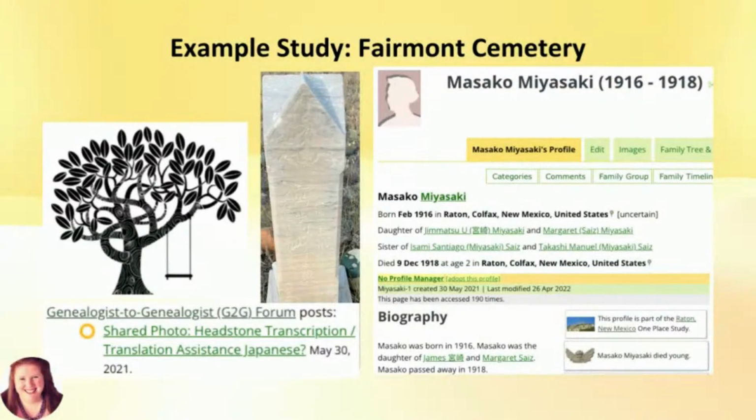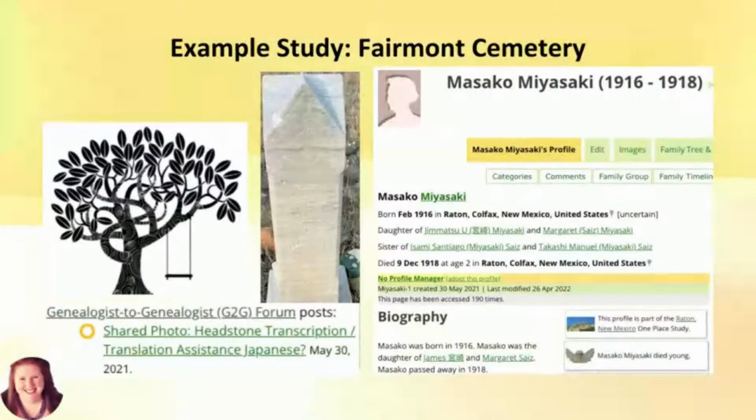The other example is of how the community really responds to you when you reach out for assistance in the forum, the genealogist to genealogist forum. I don't understand Japanese, so I wasn't able to understand what was written on this headstone.